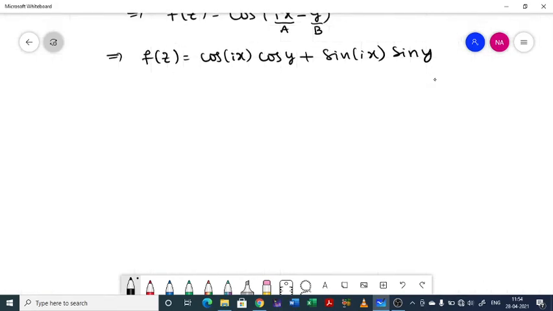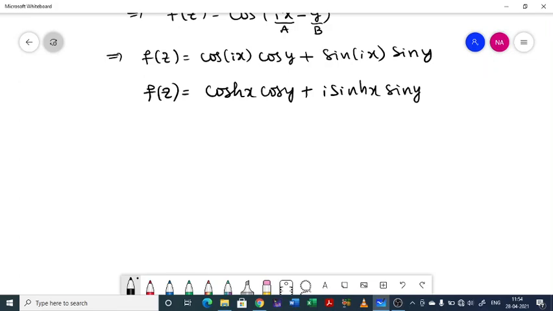Now f of z equal to cos of ix, that you can write as cos hyperbolic x, cos hyperbolic x cos y, plus sin of ix, that will be i sin hyperbolic x sin y. Now we got real and imaginary parts.